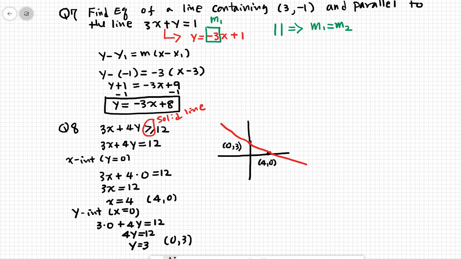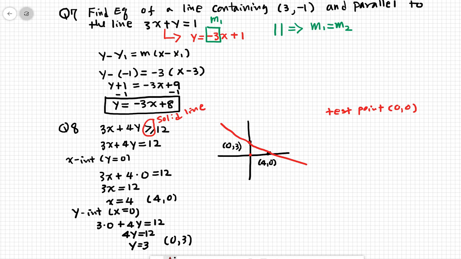The next thing that we are going to do is find out which side is going to be our solution. I'm just going to use (0, 0) as my test point. Now, if I plug (0, 0) into the inequality and it makes sense, then that's the side we're going to shade.